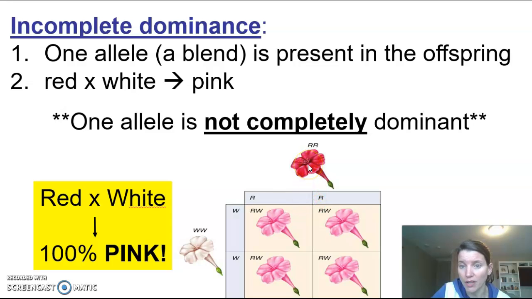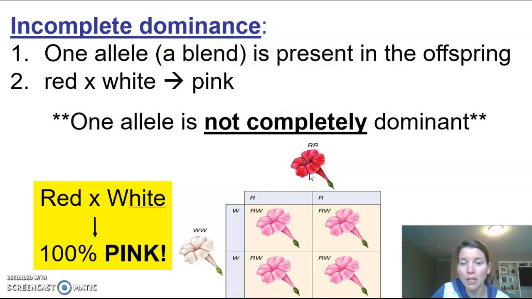So instead of you having red or white offspring, you now have a blending of the two traits, the red and the white together, which creates your pink combination. You'll notice that there's no recessives because we're talking about only dominant traits here. Incomplete dominance, so all capital letters, no recessives.